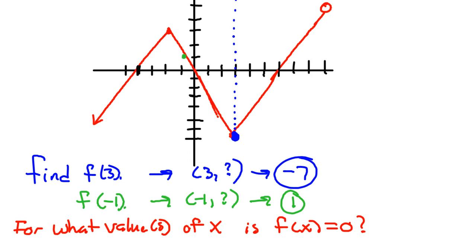Okay, so now it's basically the opposite. This time you don't know what x is. So they're saying, okay, find the points where you've got a y value that's 0.